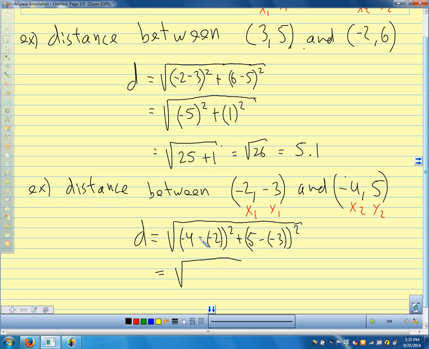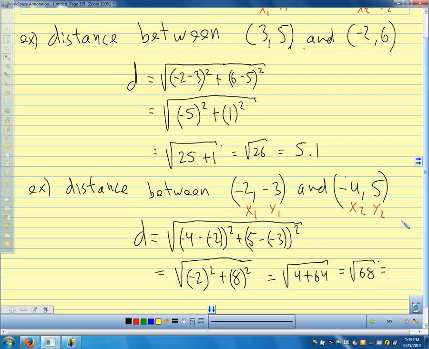Negative 4 minus negative 2 is negative 2 squared, plus 5 minus negative 3 is 8 squared. Negative 2 squared is positive 4. And 8 squared is 64. So we get the square root of 68.